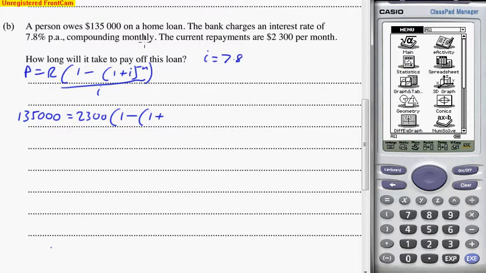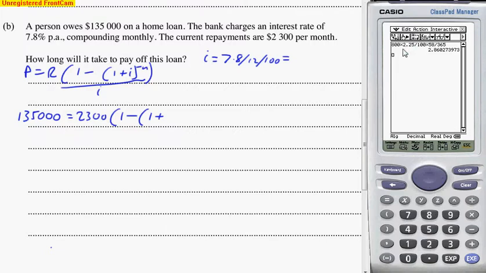That's per year. Monthly, so I divide that by 12, and then I will divide by 100 to change that into a decimal. I'll just go to the main part of my calculator and work out what that is. 7.8 divided by 12 and divided by 100 gives 6.5 e minus 3.